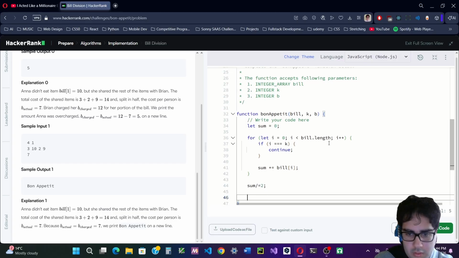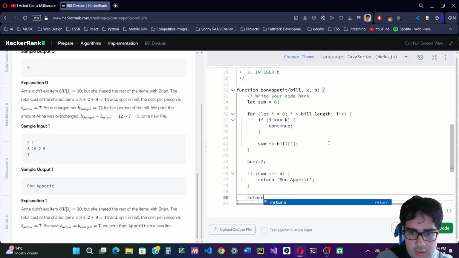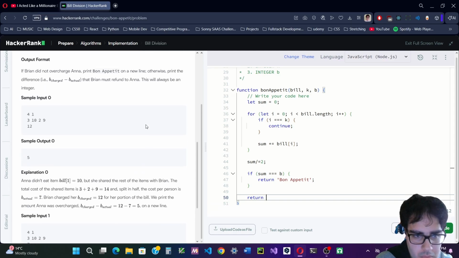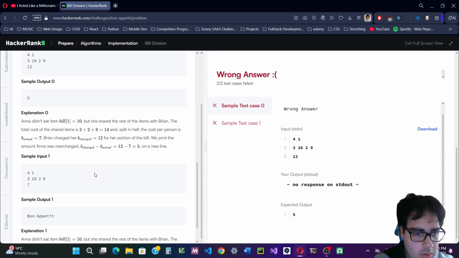If sum equals b, print Bon Appetit, and otherwise print sum minus b.